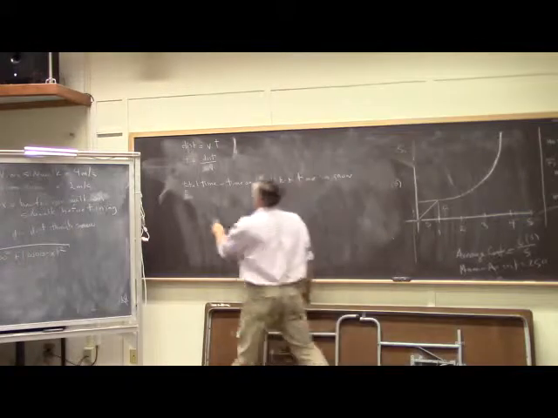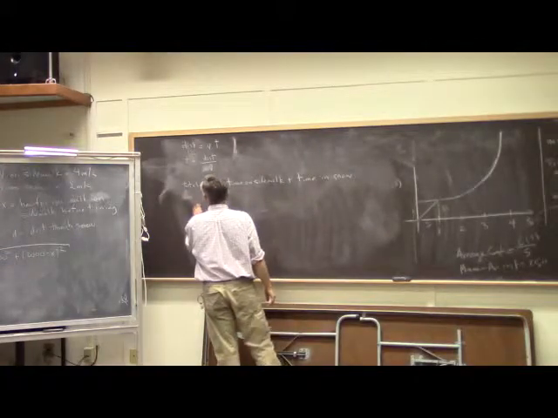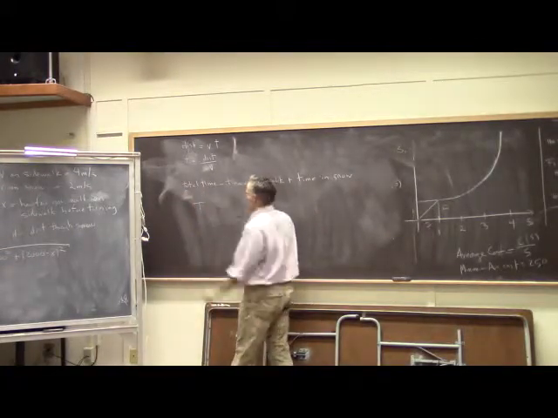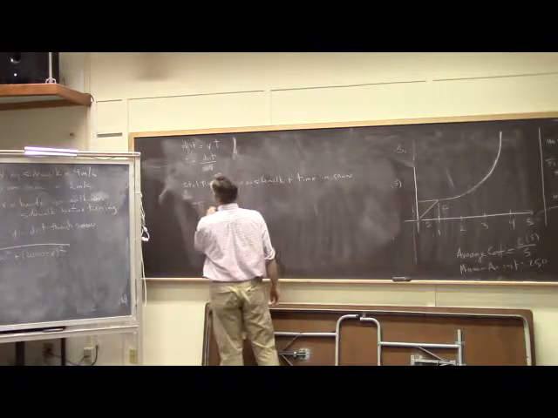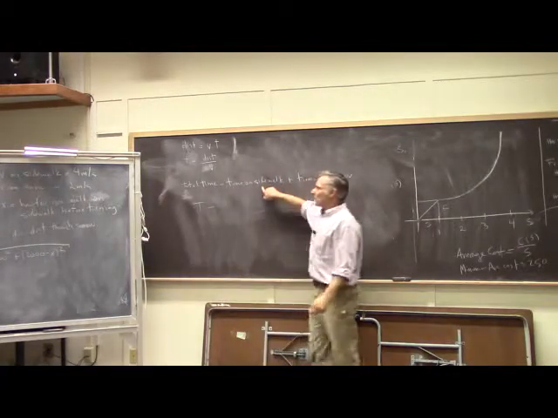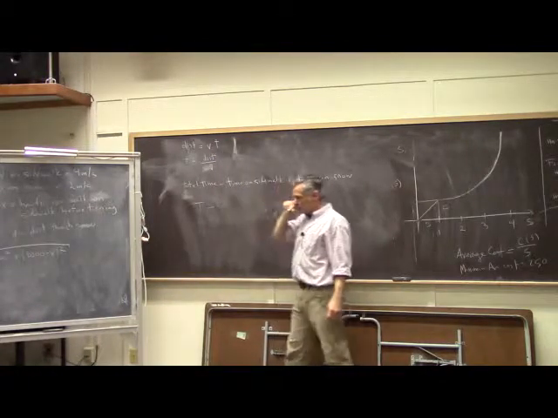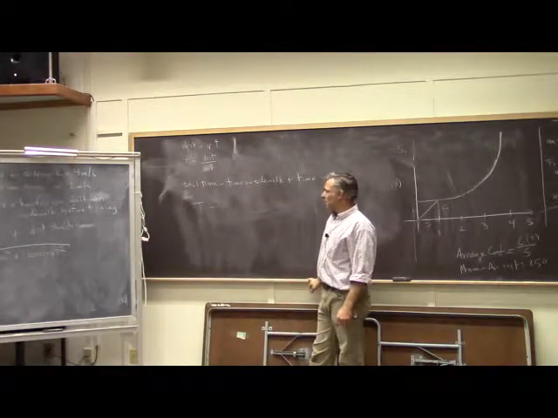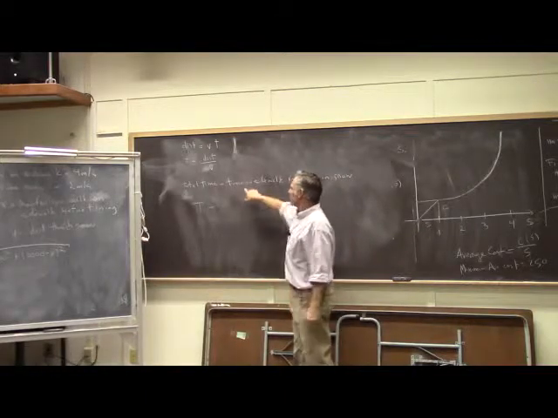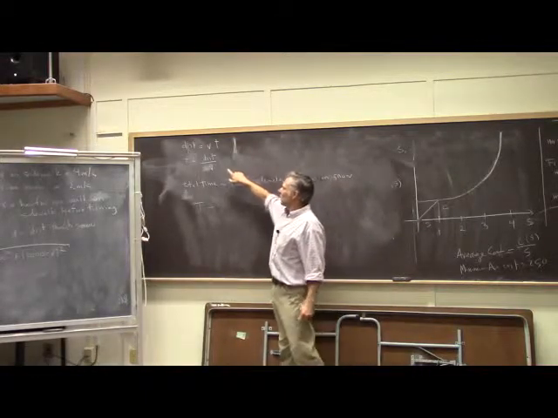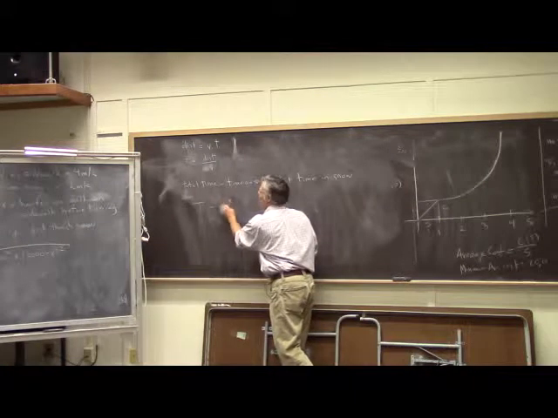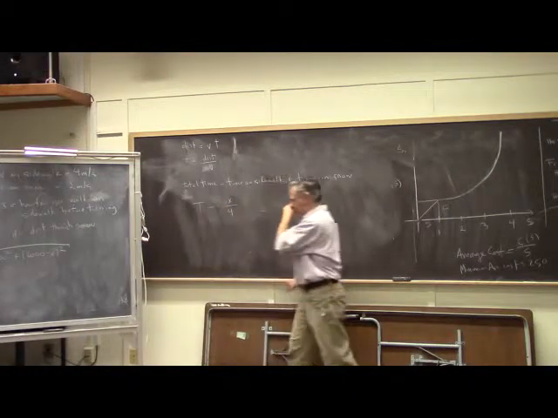So let's see. So total time, I'm going to call that maybe capital T. So time on the sidewalk, that's going to be distance over velocity. What would that be? Yeah, how long it takes you to walk on the sidewalk. It's going to be x over 4, yeah.